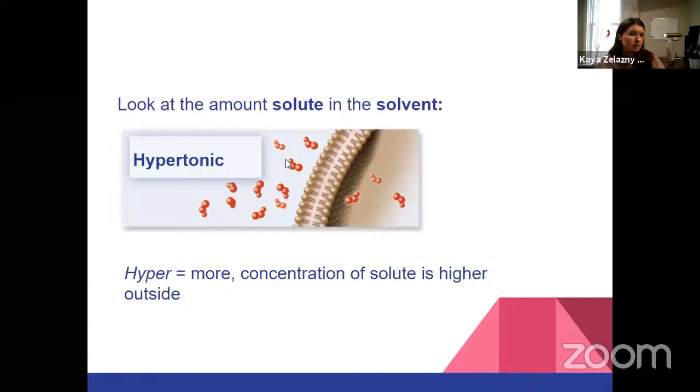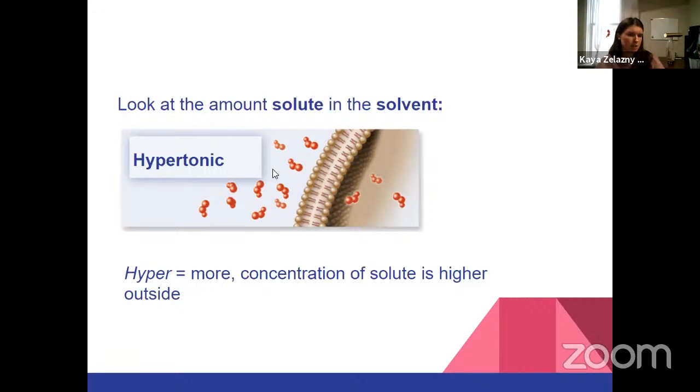We have two words to refer to gradients where we actually have differences. If we have a cell in a hypertonic environment, what we're saying is that there's more of the solute in the environment than there is on the inside of the cell. Hyper means more, extra. So there's more solute dissolved in that water outside the cell compared to the amount of that solute dissolved inside of the cell.